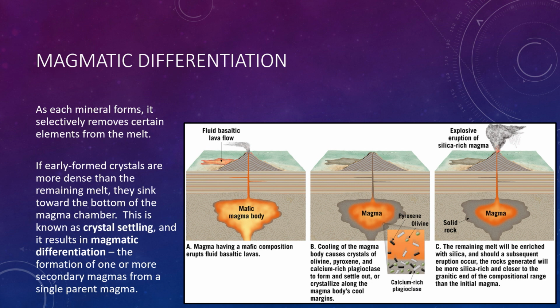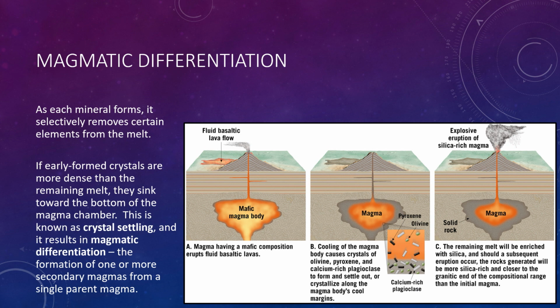For example, crystallization of olivine and pyroxene, the first two that solidify, selectively removes both iron and magnesium, leaving the remaining melt more felsic. If some mechanism then physically separates these crystals from the remaining melt, the melt crystallizes to form a different, more felsic rock type. One such mechanism is crystal settling.